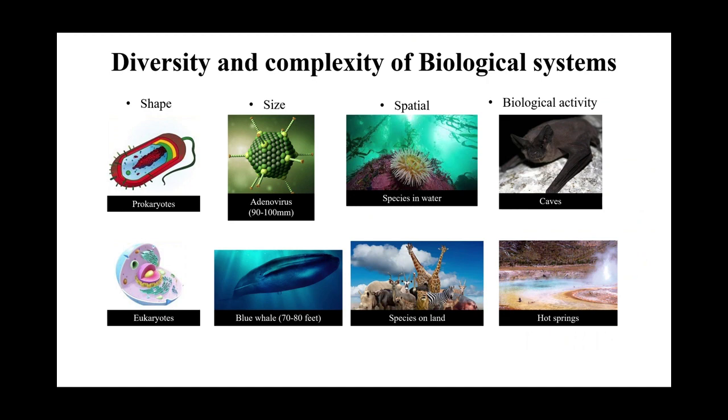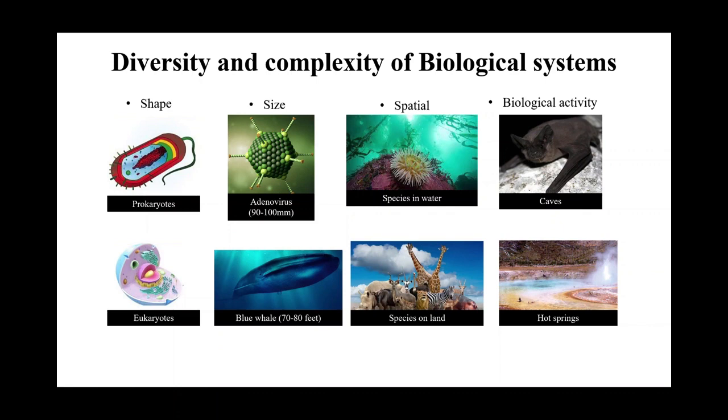Yeah. So, like I was mentioning, biological systems are complex and they are also very diverse. So, we have different parameters and we can see how diverse these biological systems are. So, for example, shape. You have prokaryotes ranging from micrometers to eukaryotes whose cells can be very big. Then we have the size of the whole organism.